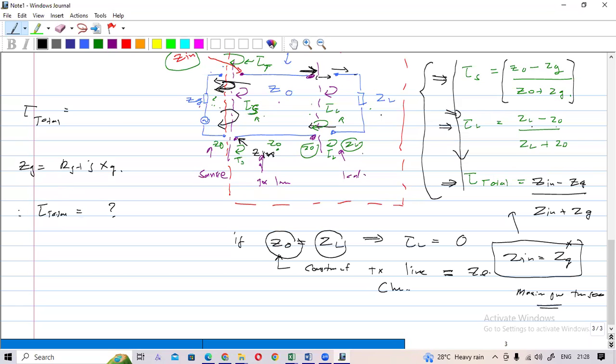That is very important. Minimum means not zero. In this kind of scenario, you can't make the reflection zero. So there is a reflection.